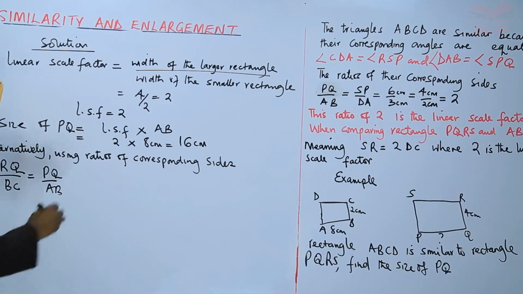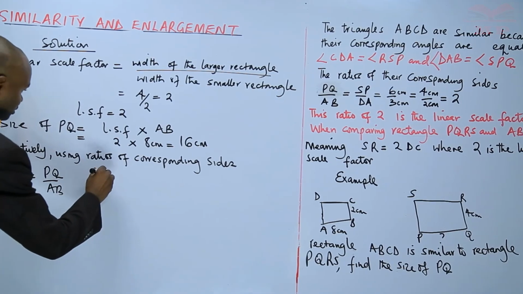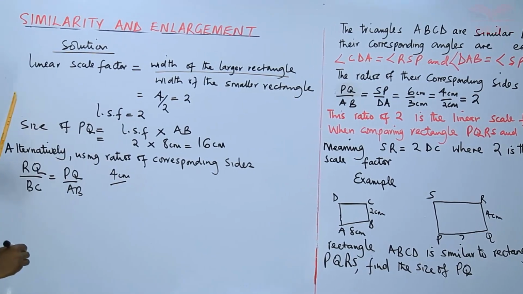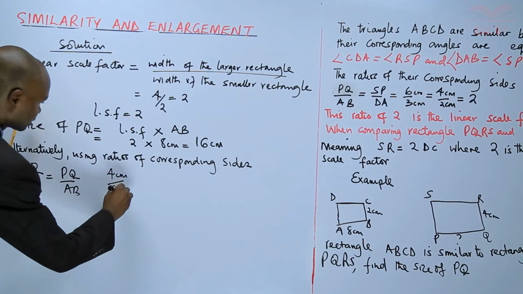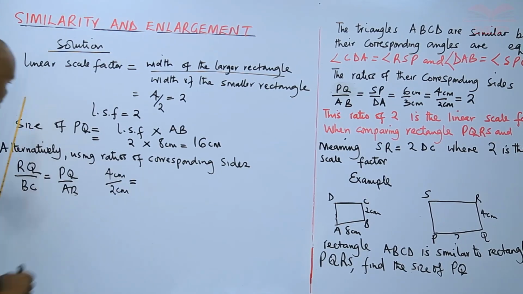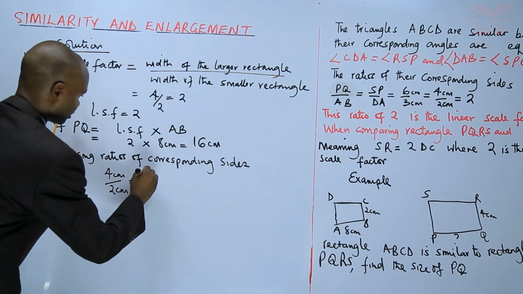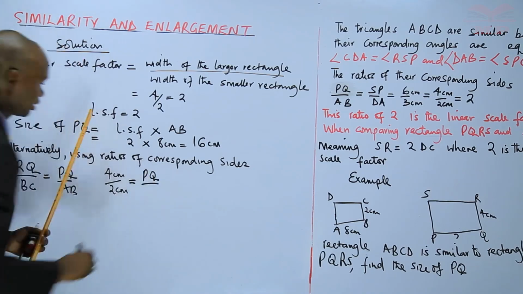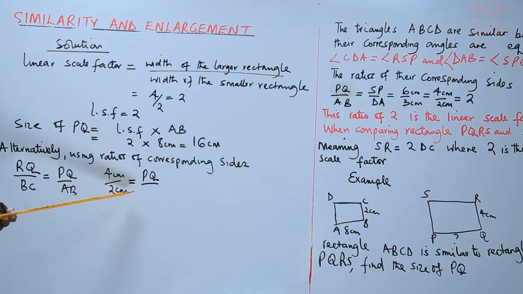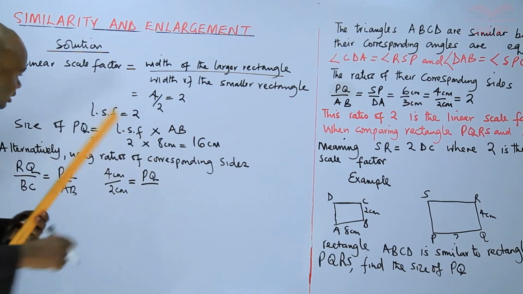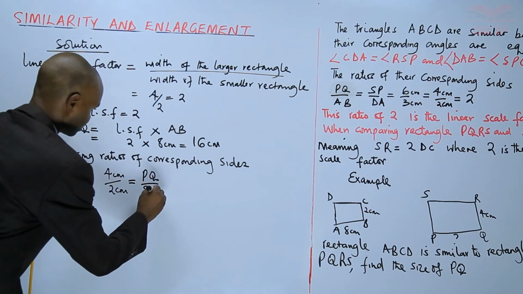So you substitute RQ is 4 centimeters, BC is 2 centimeters, PQ is unknown, and AB is 8 centimeters.